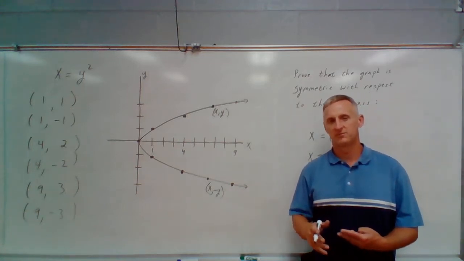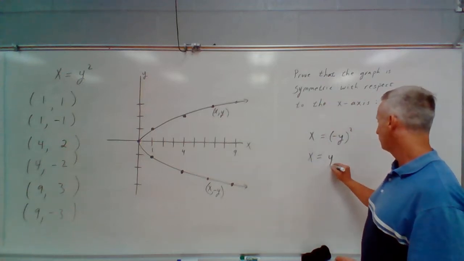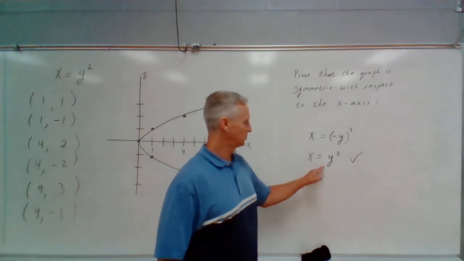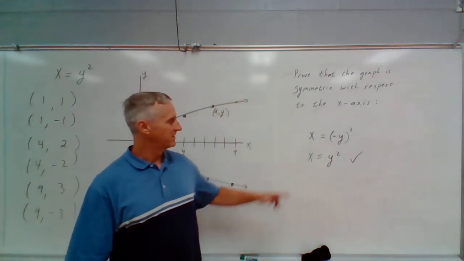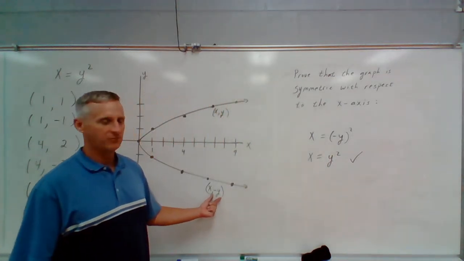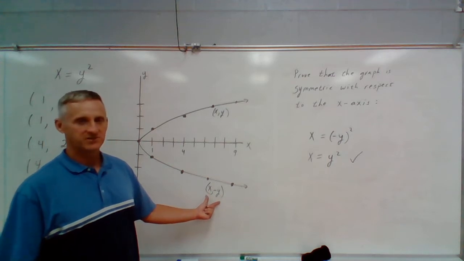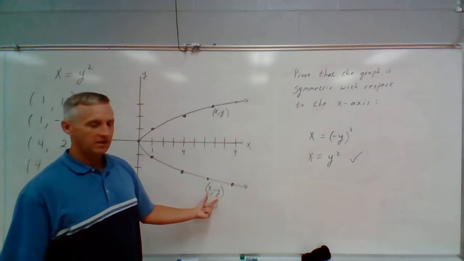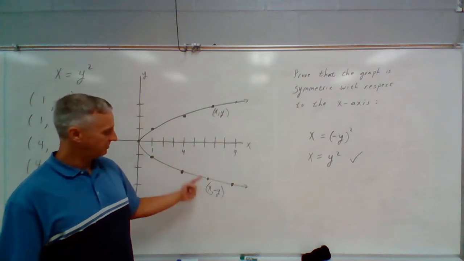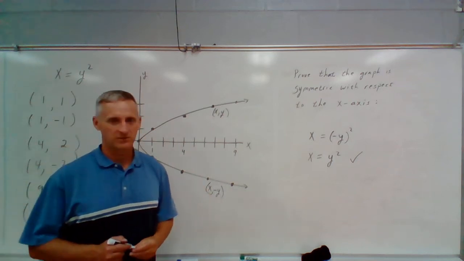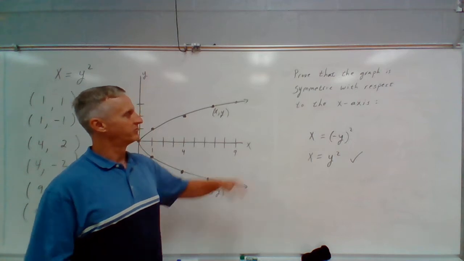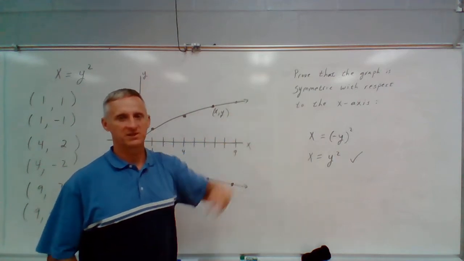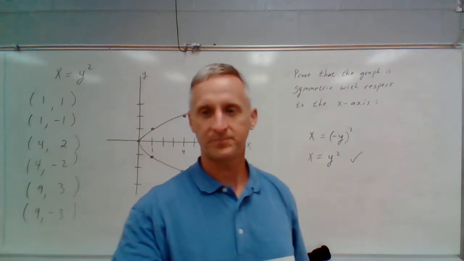Negative y times negative y is y squared. So that's true. That means this point (x, -y) also has to be on the graph. (x, y) was on there because we put it on there, and this equation implies that (x, -y) also has to be on the graph. So we've proved that this equation is symmetric with respect to the x-axis.